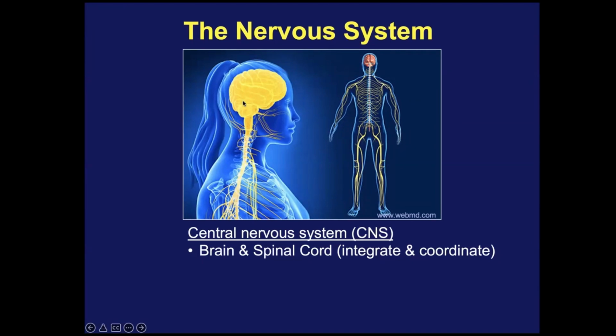The function of the CNS is to integrate the information received from both inside and outside the human body to make decisions, and then to coordinate the activities of the different parts of the human body.